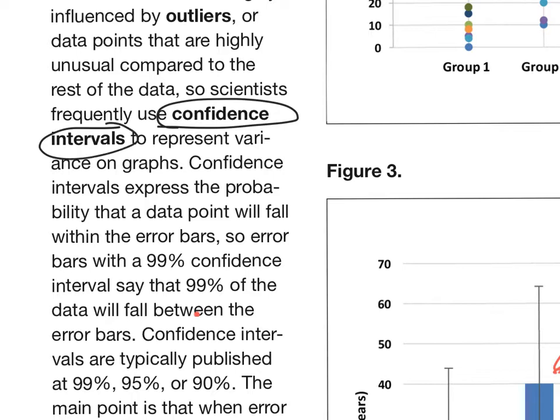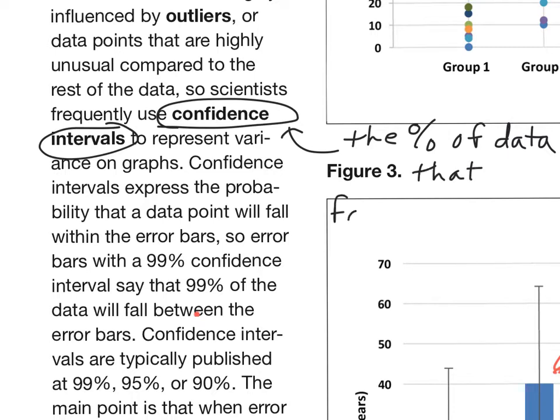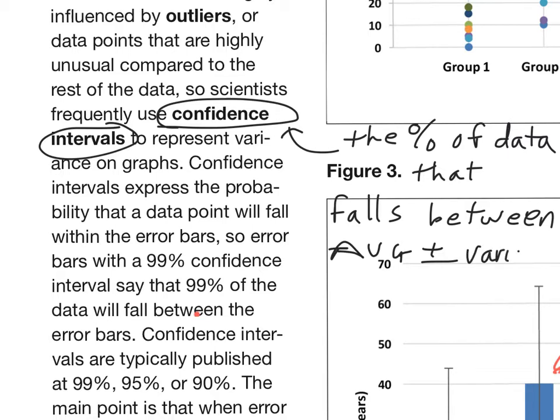And a confidence interval is the percentage of data that falls between the average plus or minus the variance.